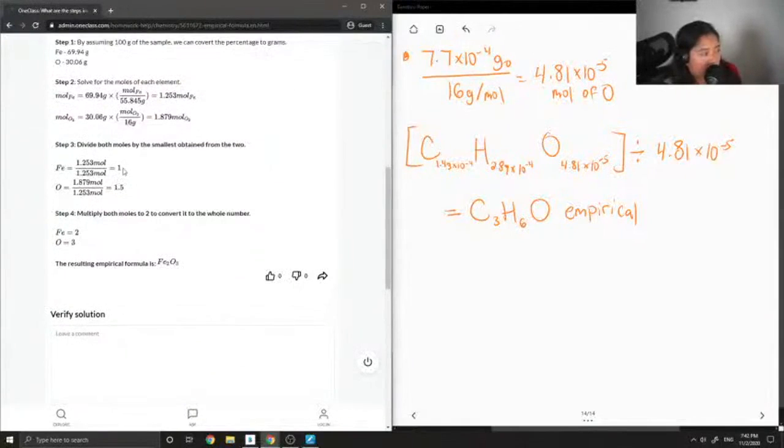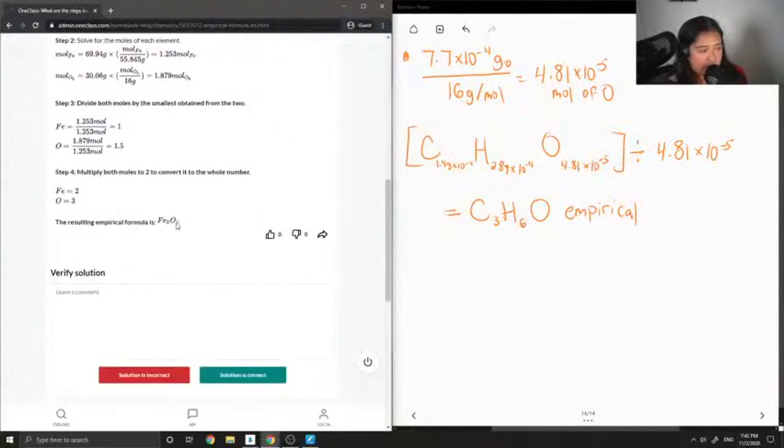For iron, that was the smallest amount of moles, so you get 1. For oxygen, when you divide 1.87 by 1.25, you get 1.5. You can see that there's a decimal involved, so that's why we need to multiply both by 2 to convert it to a whole number. So they get an empirical formula of Fe2O3. This solution is correct.